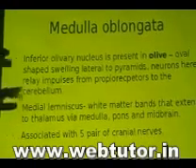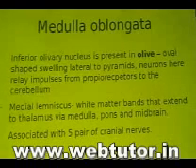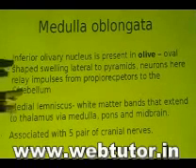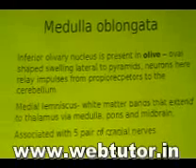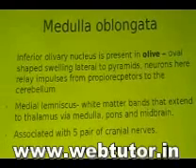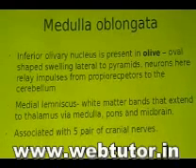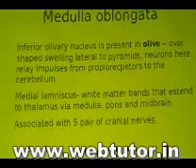Inferior olivary nucleus is present in olive. What is olive? It's an oval shaped swelling lateral to the pyramids. Neurons here relay impulses from proprioceptors to the cerebellum.